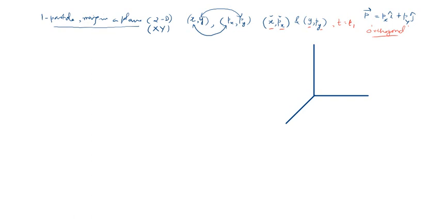Listen to me carefully. Mathematically, you can think of a space where there are 4 independent or orthogonal axes. Remember, this is an imaginary space.